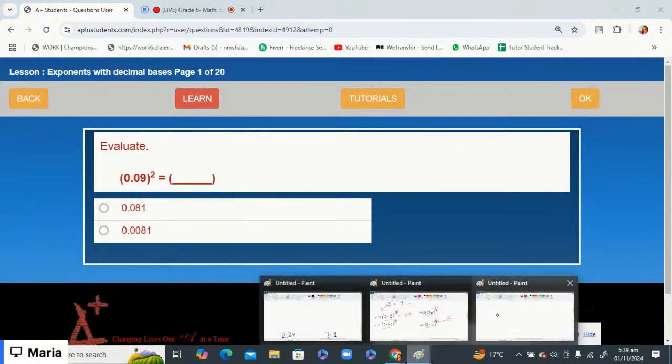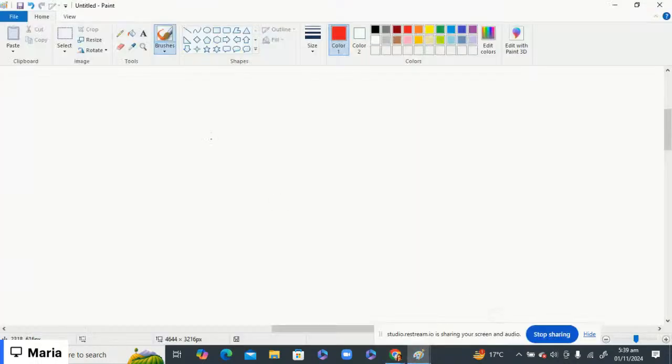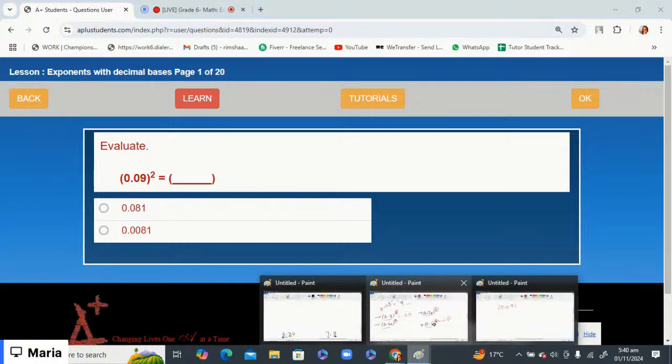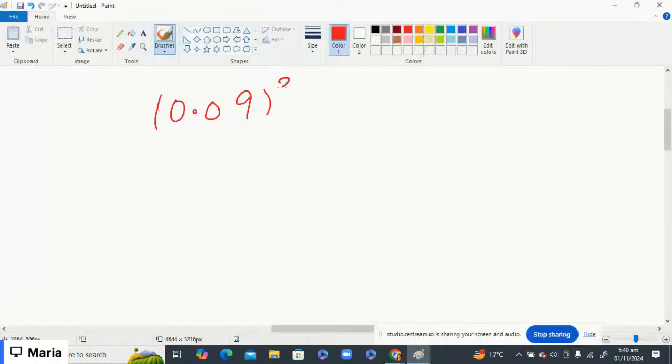Now let's start some test questions. 0.09 whole power 2. It's 2 here. So what does it mean? Everyone look at here. It's 0.09 times 0.09. Okay. Now you solve it, everyone, and then tell me the answer.